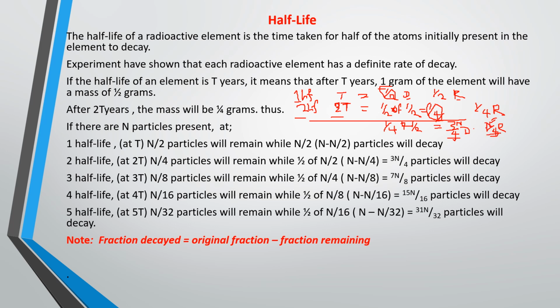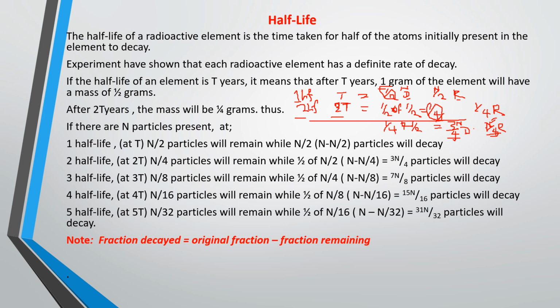I want you to please try and understand this. At first half-life, you have n over 2 of the substance decayed and n over 2 of the substance remaining. Remember that in all radioactive equations, the amount that is decayed plus the amount that is remaining must be equal to your original amount.